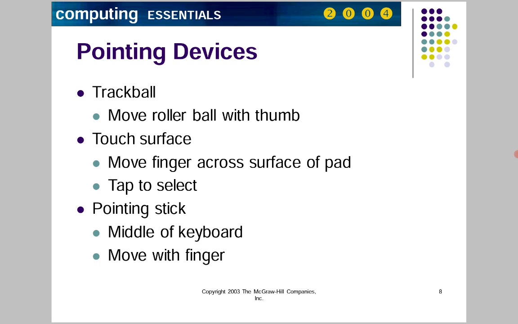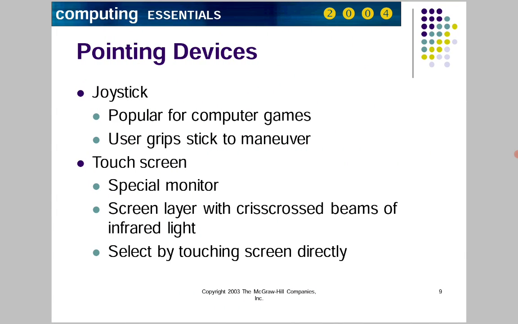So pointing stick. Pointing stick is another device which is used to play some games. Another pointing device is joystick. Joystick is generally used to play games on PlayStations and computers. So they are generally used to play all the popular games like racing.